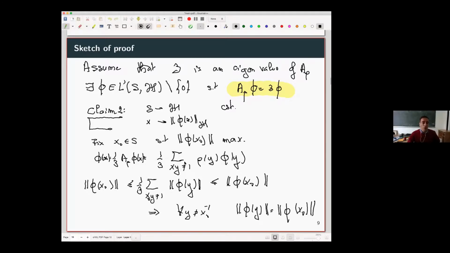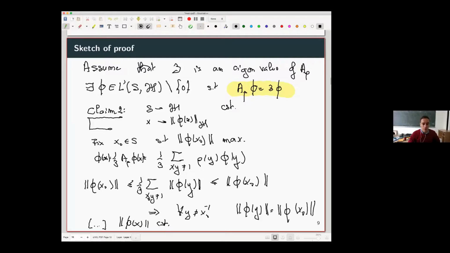So your function, on all but one, maybe, generators, have the same norm. Well, then you change the x naught for another point, you run again the argument, and you'll get at the end that the norm of phi is constant.